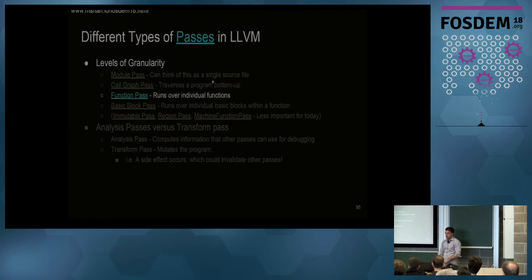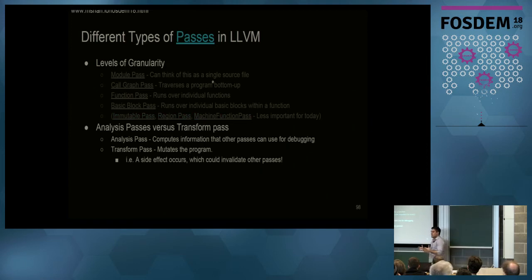A function pass runs over individual functions, so every function that you have in a program. Basic block passes run over all the blocks, anywhere between the curly braces in C++, essentially. And then there's a few other types of passes. There might even be more added in the future.